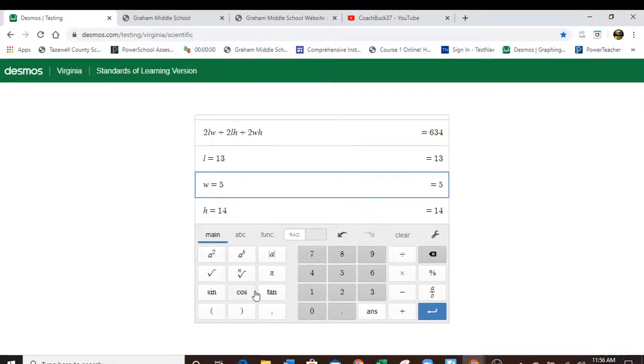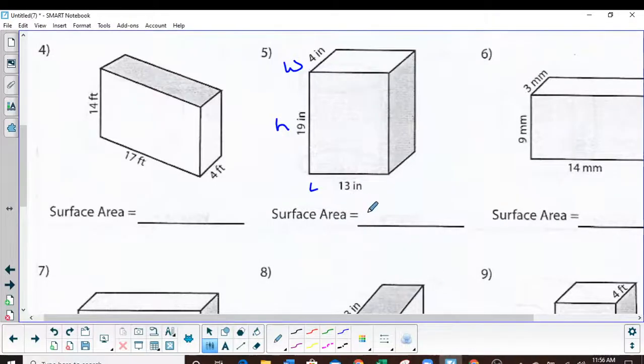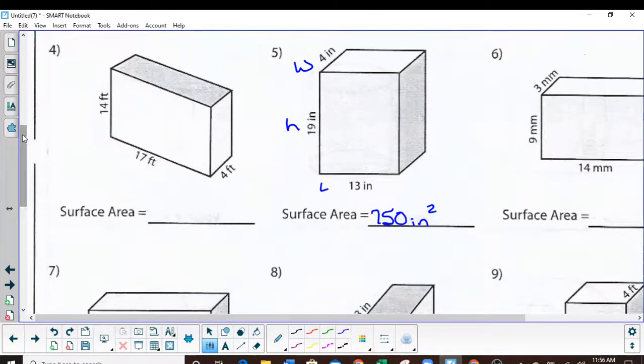Width was 4. And the height is 19. 750. What is it? It's inches. Since it's surface area, it's inches squared, or you could write square inches, okay? Cool. Number 5, let's go to 7.